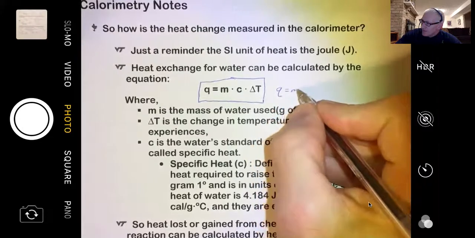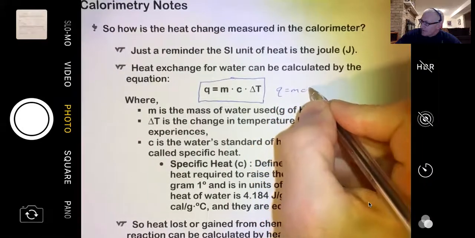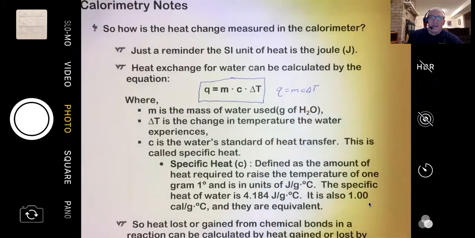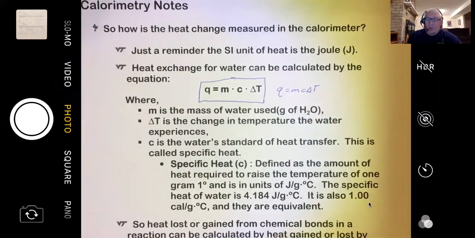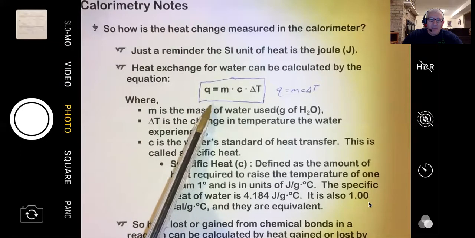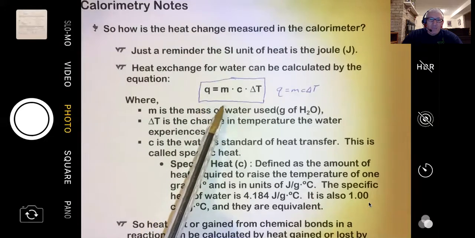I like to call it MCAT because it looks like an A there. And so what we need to understand, what are these symbols? Q represents the amount of heat, the amount of energy in joules, right? M is the mass of water used in the calorimeter.